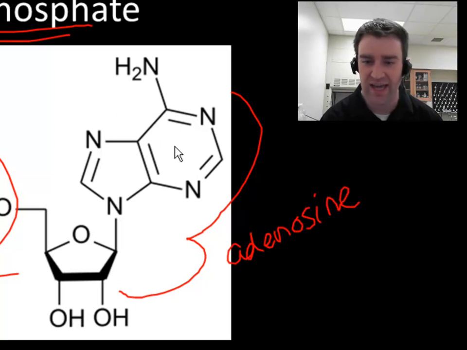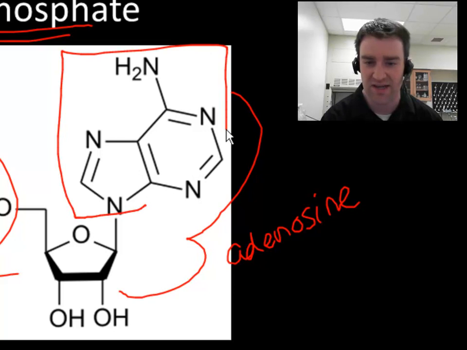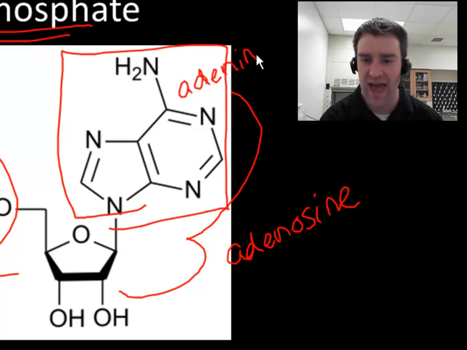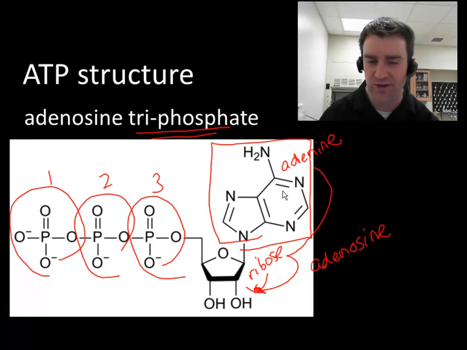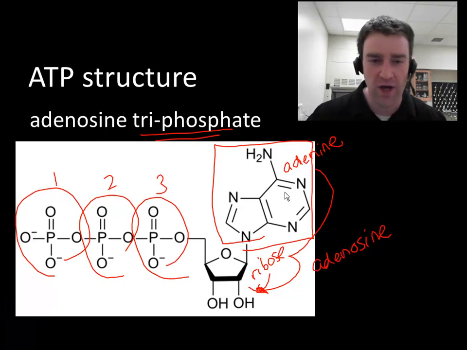It's actually a nucleic acid, so if you just wanted to consider this part separately, this is adenine. It's the same adenine that's like the letter A in DNA or RNA code, and this would be a ribose sugar. That's actually also in RNA. So it's really like a letter A in RNA code, it's just that it has three phosphates attached to it instead of one like a regular nucleotide.